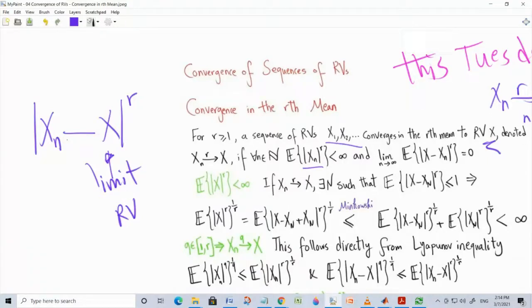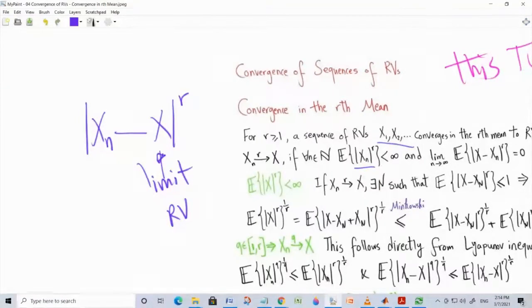But there is an issue here. The Xn's and the X are generally random variables. This makes sense if they are deterministic, like Xn equals 1 over n, a deterministic function of n. But here, those are random variables.